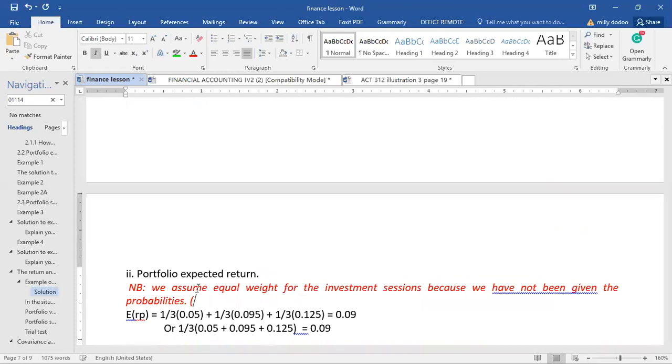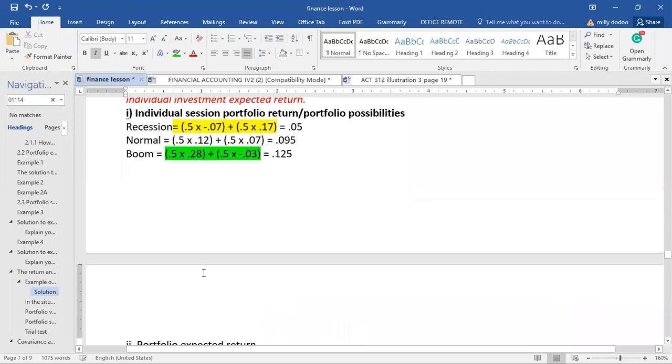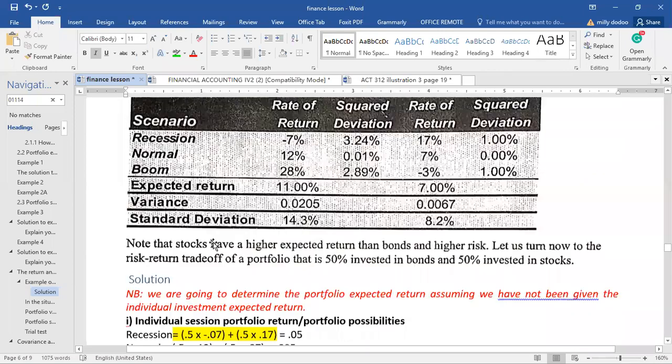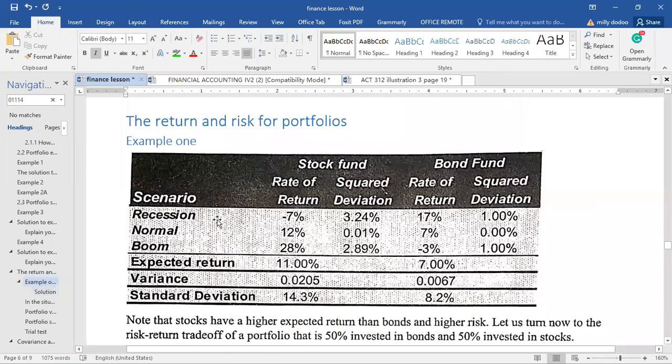The probabilities is always equal to 1. So if all the investment we have is equal to 1, and we want to get equal probability for them, then how many investment sections do we have? We have 3. 1, 2, 3.